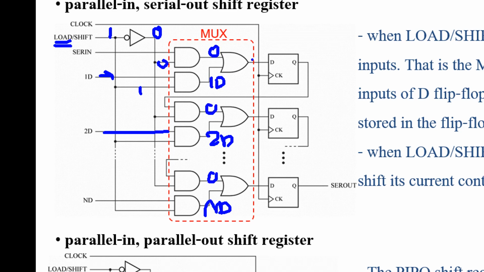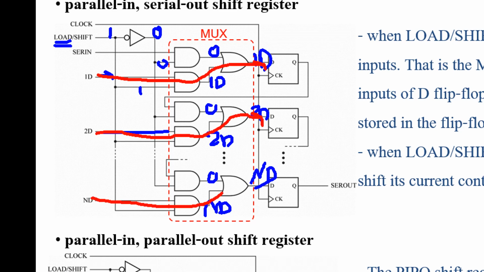So 1D or 0 becomes 1D, 2D or 0 becomes 2D, ND or 0 is ND. That means the external data input will feed the internal D flip-flops, and they will update simultaneously when the clock ticks. This is the load operation.